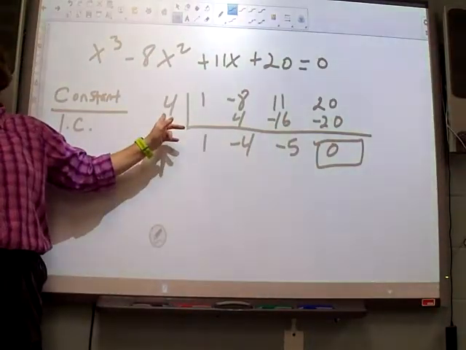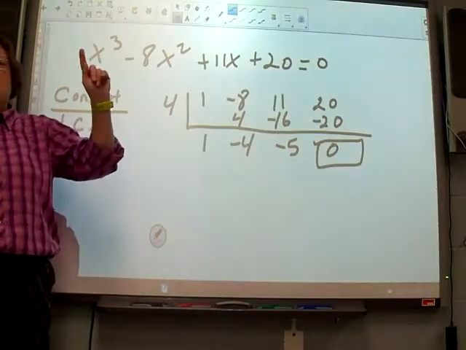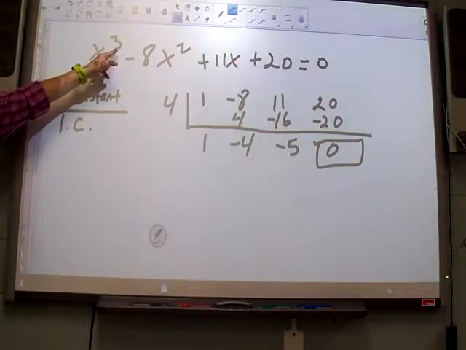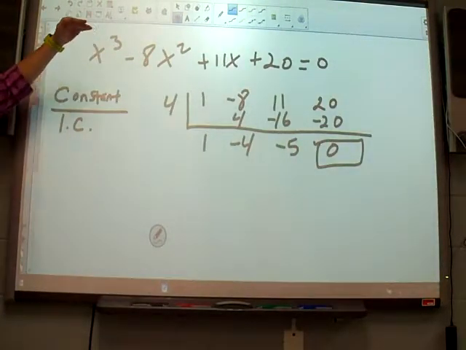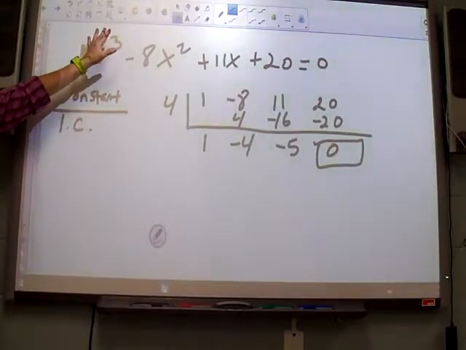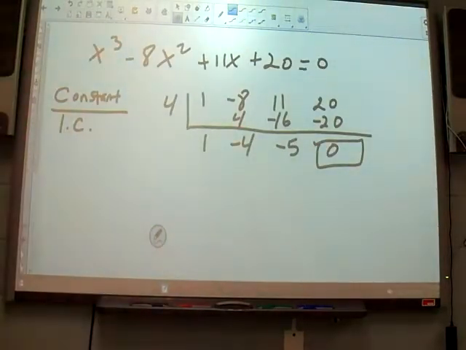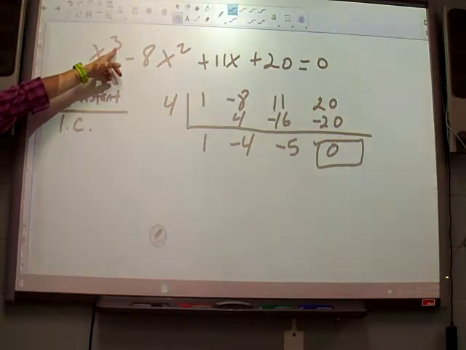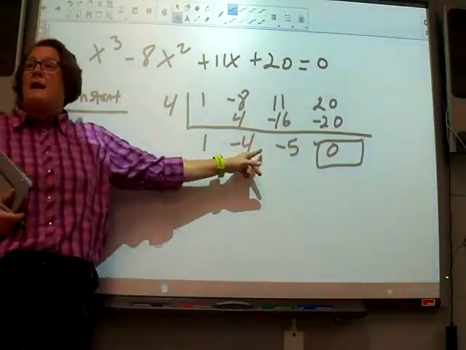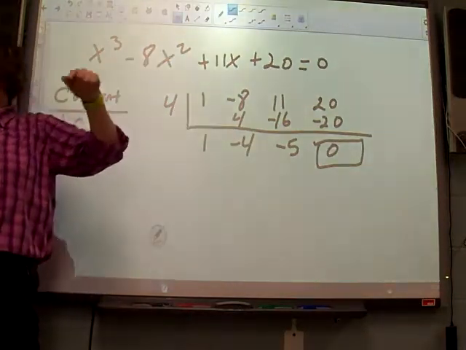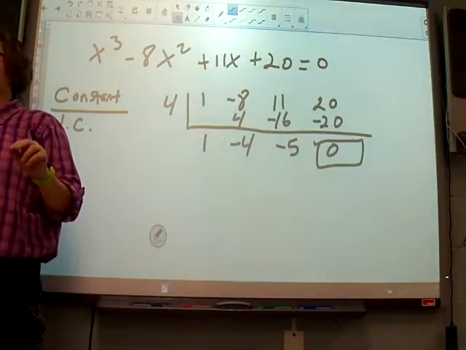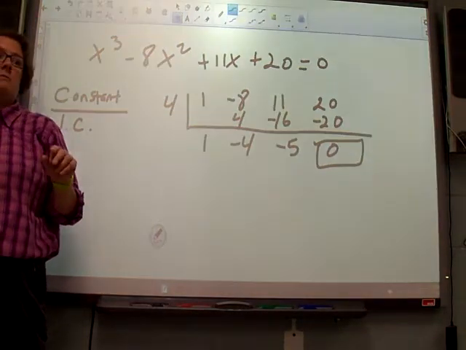Okay, but hold on. 4 is one answer. You gotta find another one. Your highest power you started with means you can have up to that many answers. So this function could have 3 answers, 2 answers, or 1 answer. The good thing is, this started off as an x cubed, which means this line is an x squared, and you know how to solve something squared. X equals negative b plus or minus the square root, right?